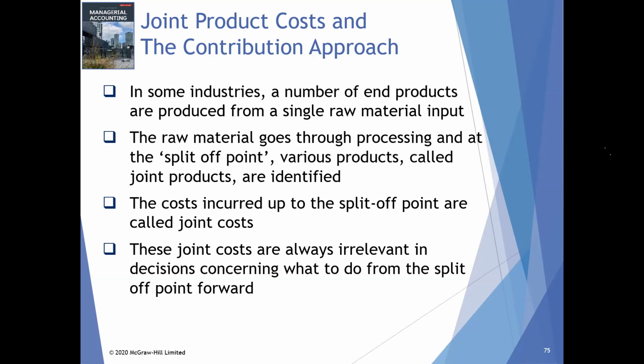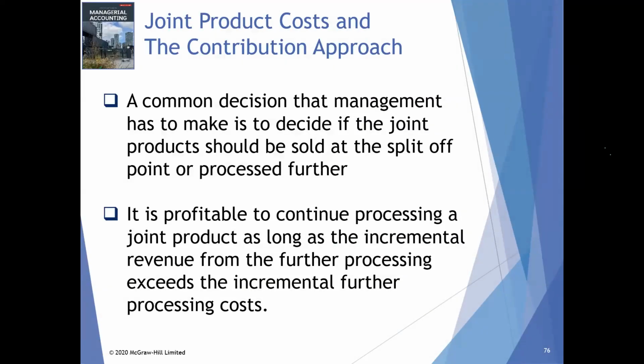These joint costs are always irrelevant in decisions concerning what to do from the split-off point forward. A common decision that management has to make is whether the joint products should be sold at the split-off point or processed further. This is one of the decisions that can be taken by management.